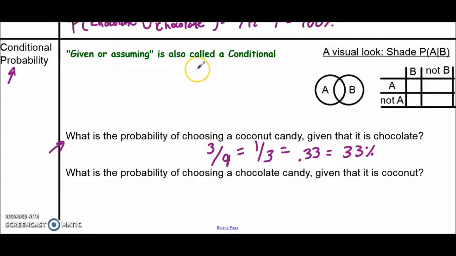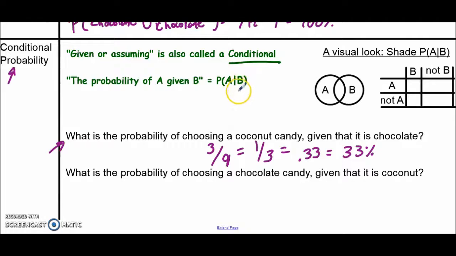If we're given or assume some sort of information in the probability problem, then it is a conditional probability. And the probability of A, given that B has already happened, is written like this: P, parentheses, A, a vertical line, and then B. So back to the previous problem, the probability of choosing a coconut candy, given that we already know it's chocolate, would be written like this: P, coconut, vertical line, chocolate, close the parentheses.